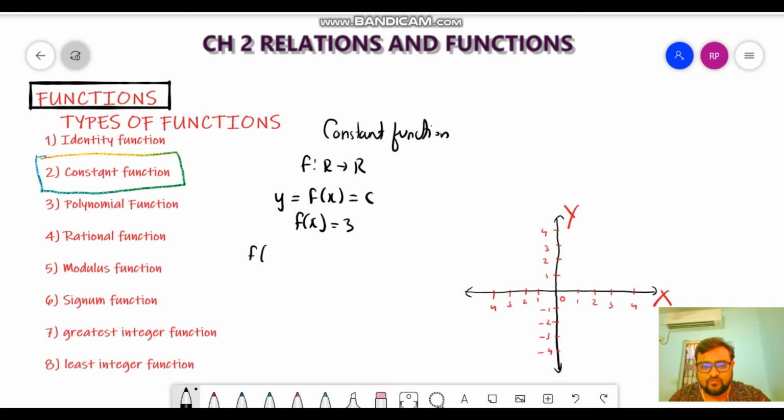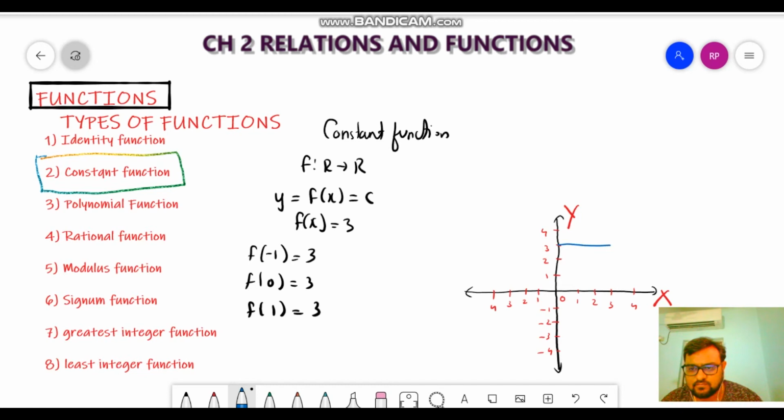So what will be f of minus 1? 3. f of 0 is 3, f of 1 is 3. Whatever value of x I take, the value of y will always be equal to 3. So the constant function will have a graph like this, at 3. Whatever value of x you take, y will always be equal to 3. This will be the constant function.